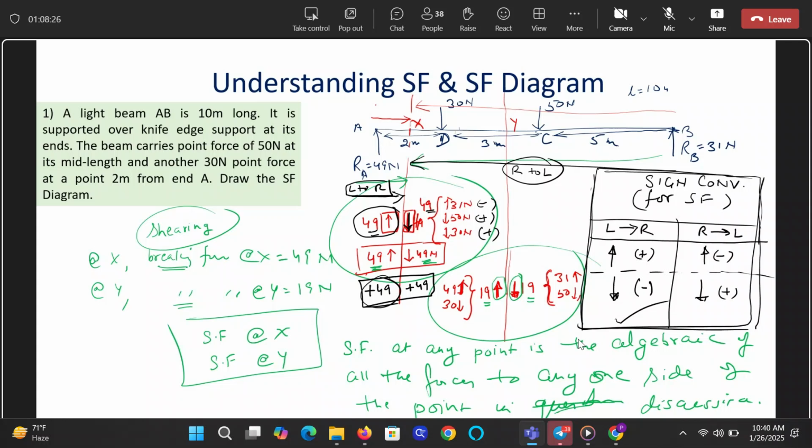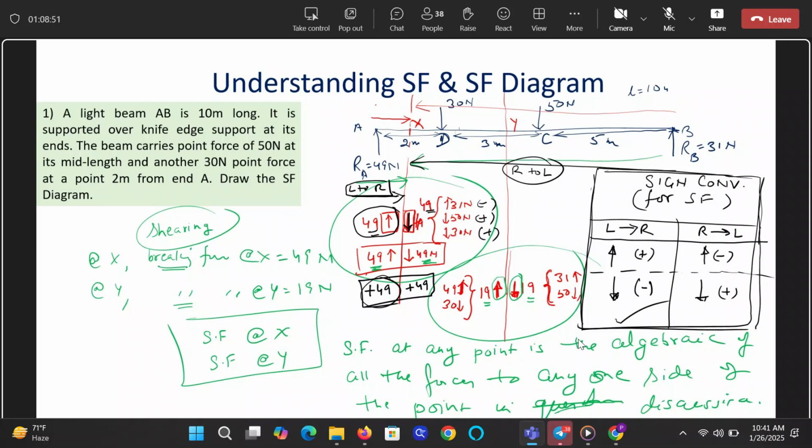You got the GZ values at certain angles of heel, plotted those values, and joined those points to get the curve. Likewise, we will calculate the shearing force at different points along the length of the beam, plot them, and whatever we get will be the shearing force diagram.